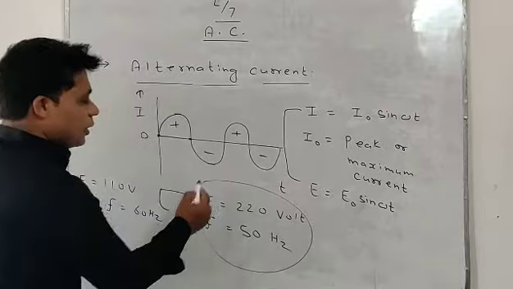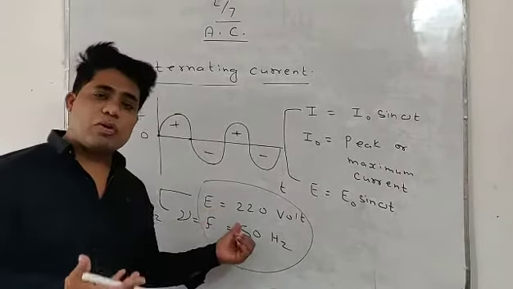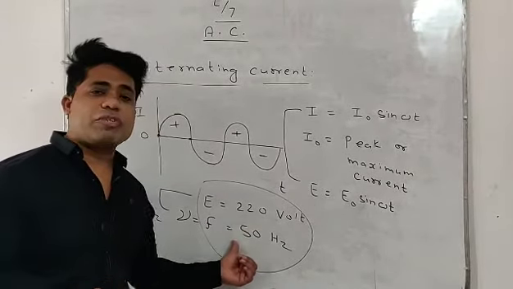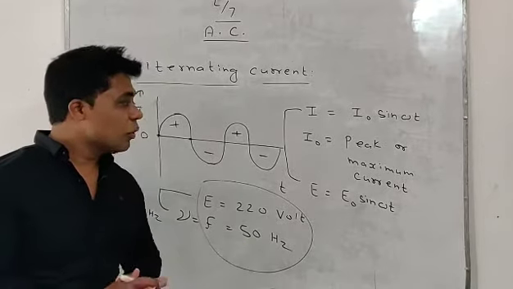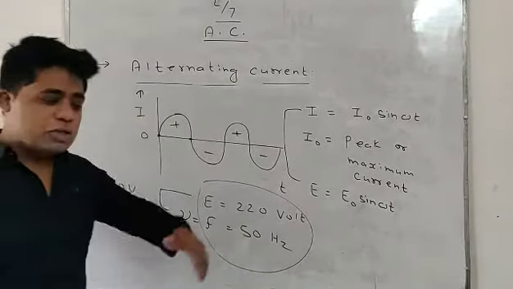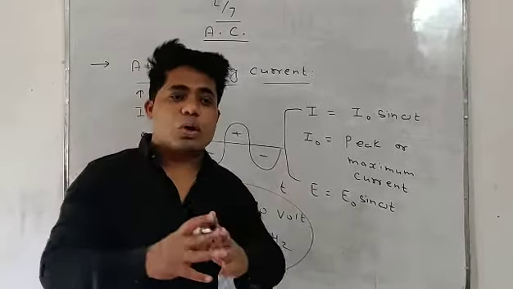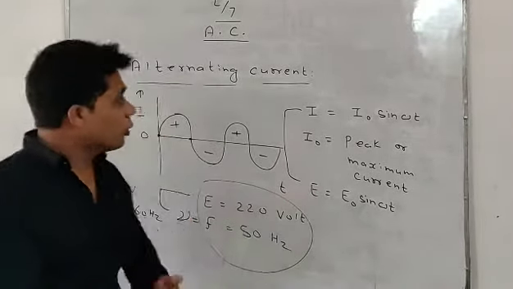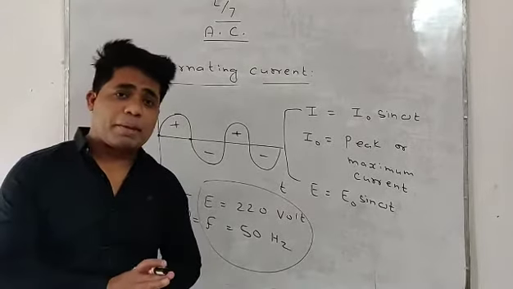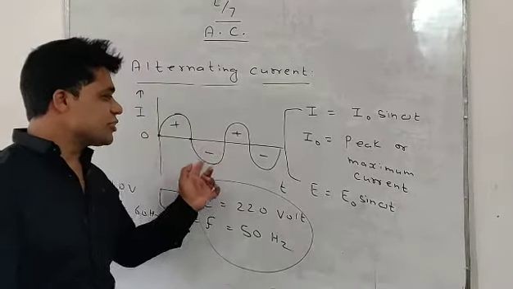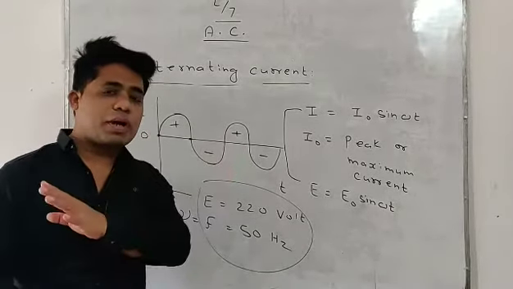So here in our country, the EMF that we use is 220 volt and the frequency is about 50 hertz. That is alternating current. It is produced by an AC generator. In our house, all the home appliances work on alternating current. The current that changes direction as well as magnitude with respect to time is said to be alternating current.